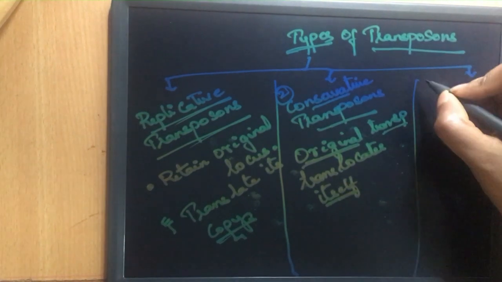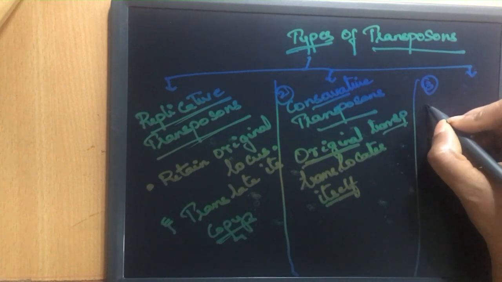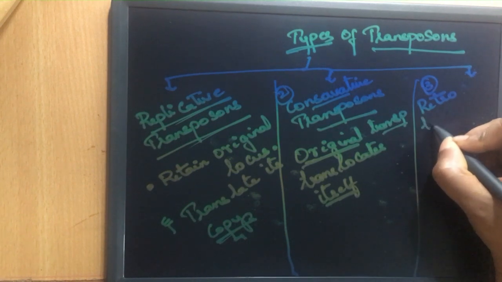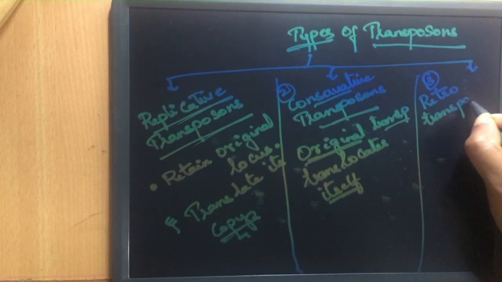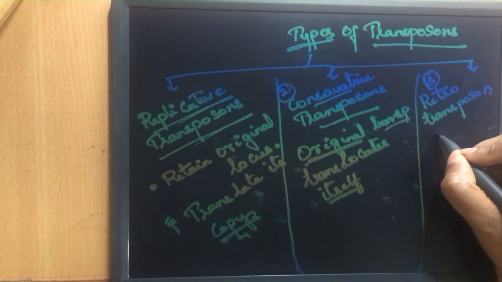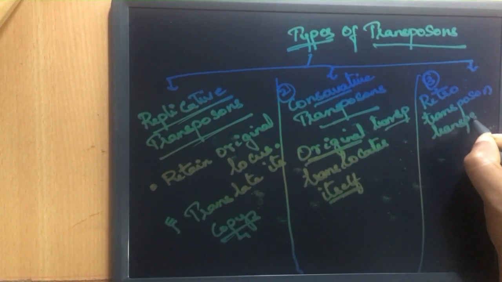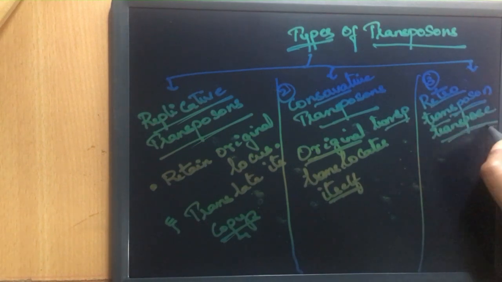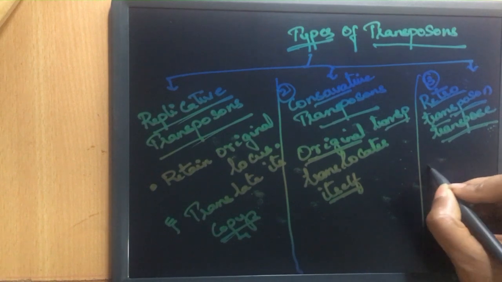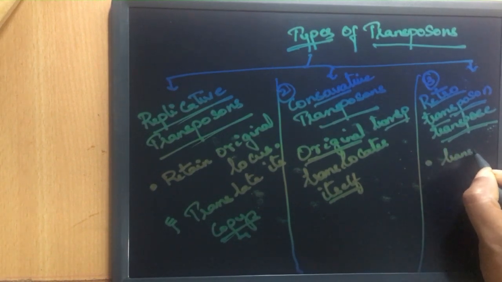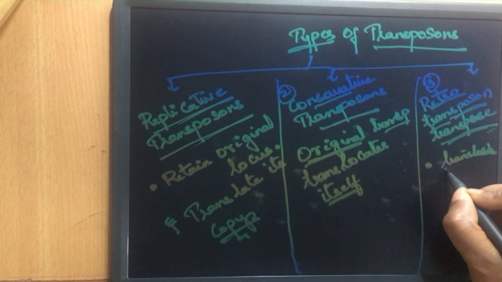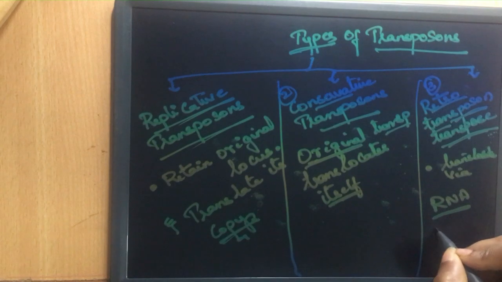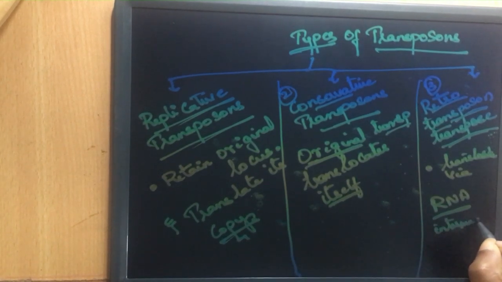The third one is retrotransposon. Retrotransposons are translocated via RNA intermediates.